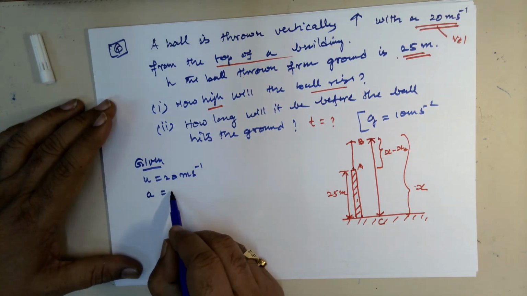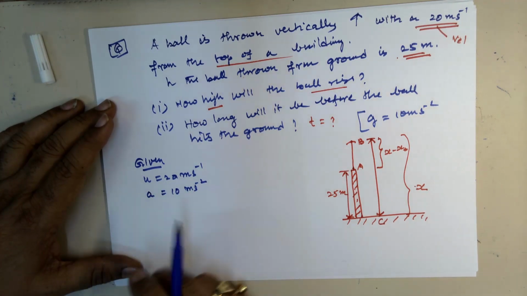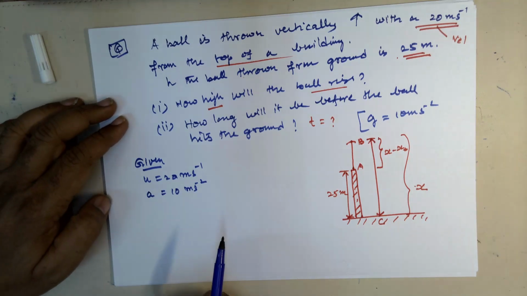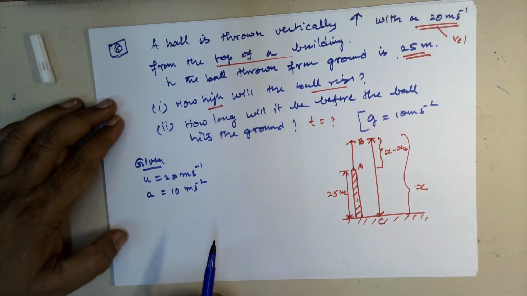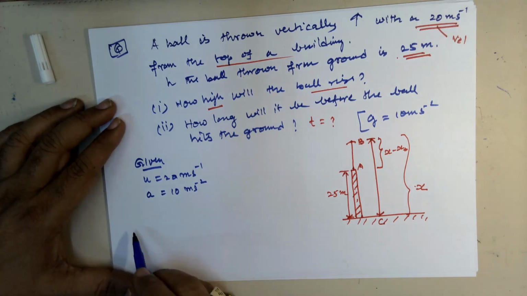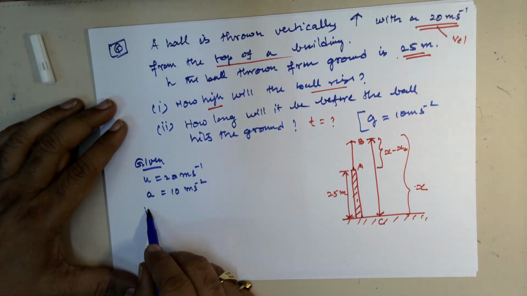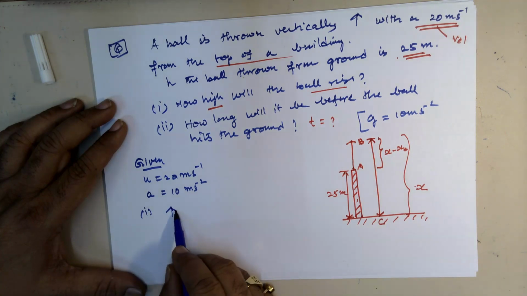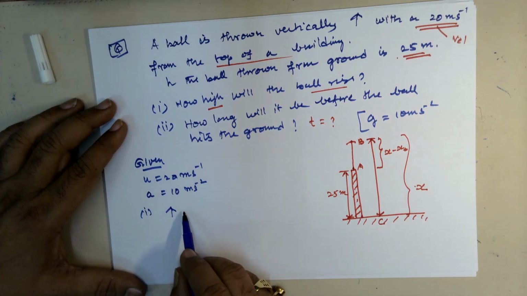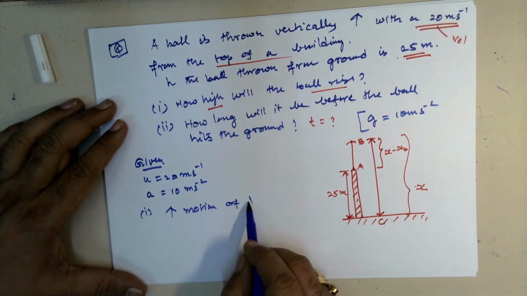What is that? 10 meter per second square, right? Then consider vertically upward motion of the ball. Okay, so let us consider case 1, upward motion of the ball.